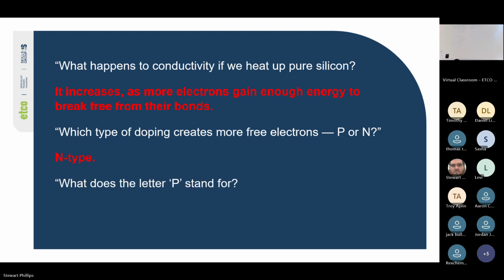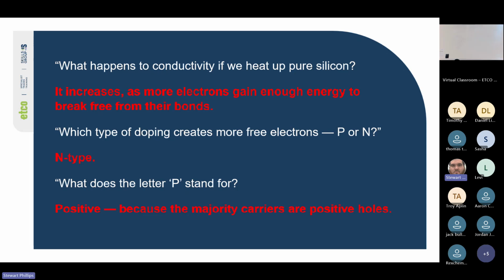So what does the letter P stand for? Yep, we seem to be in pretty unanimous agreement there.